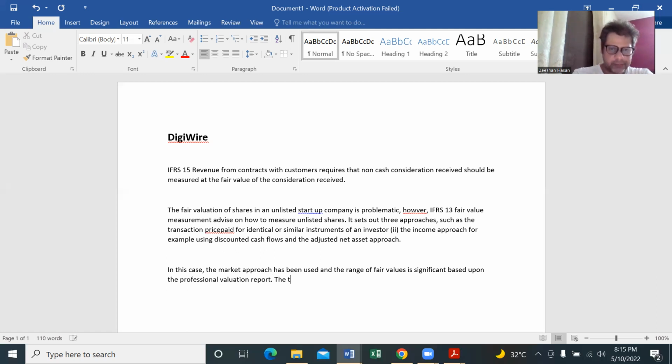The range of fair values for a 7% holding of shares would be $280,000 to $350,000.